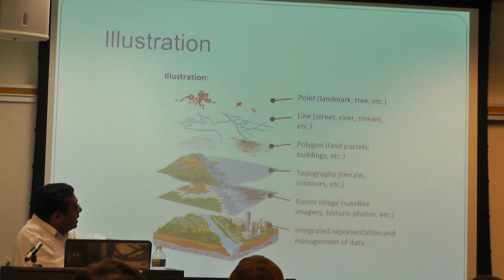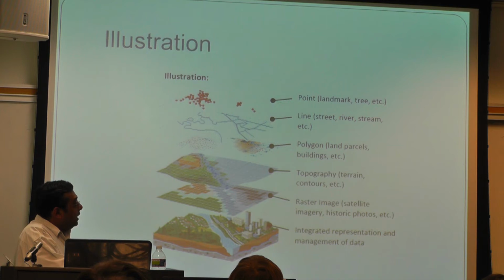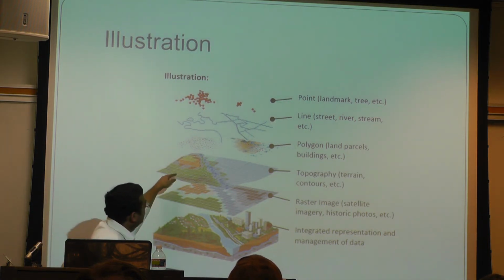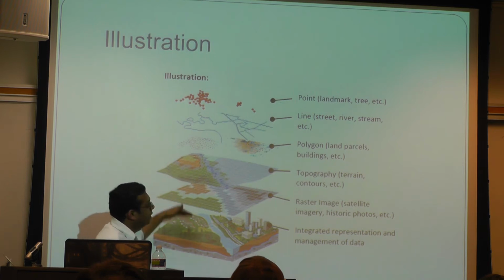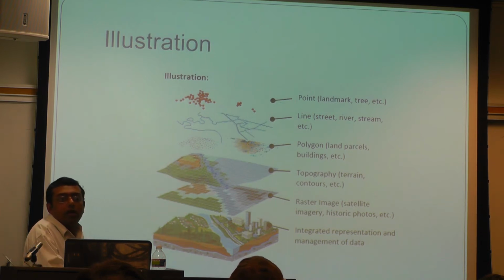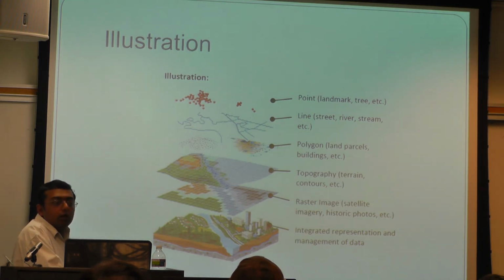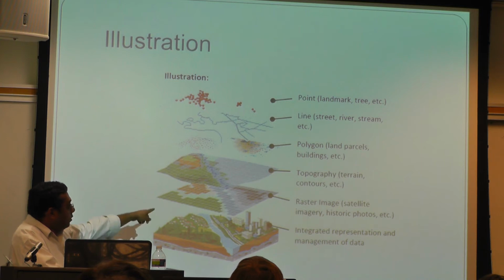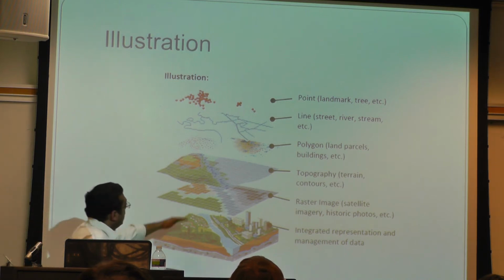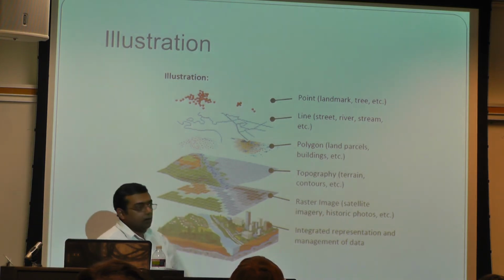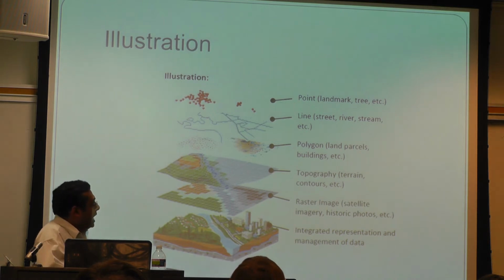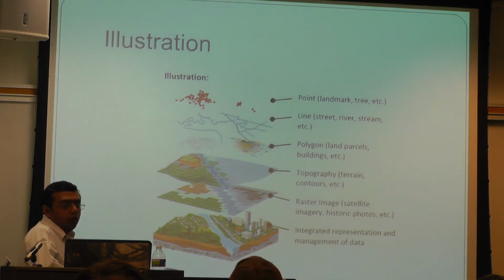The layer below that, which we have not discussed in detail, is called topography, but essentially topography can either be pushed here or pushed here, depending on whether your data is discrete or continuous. So remember, discrete data is vector data. Continuous data is raster data. And you can go one level further, which is raster imagery, and look at satellite pictures and historic photos.